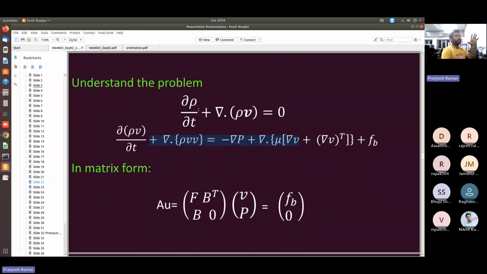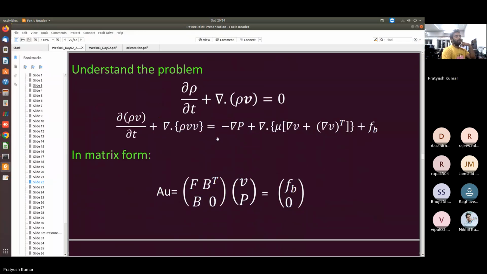If you want to write these two equations in matrix form, we can write them in this form. If you multiply these two terms, this term and this term are equal to E of V, that is the body force or any other force, then you can write the momentum equation.